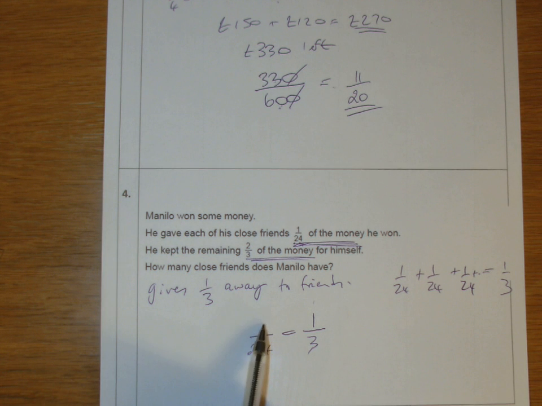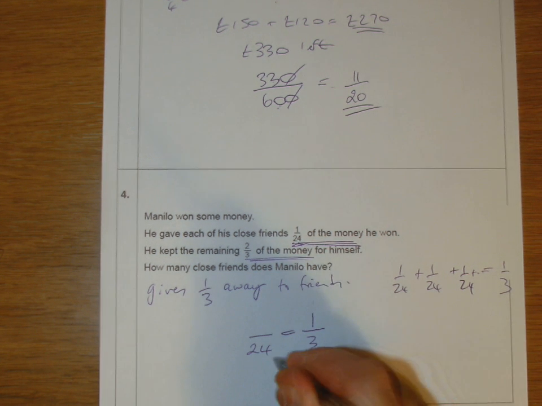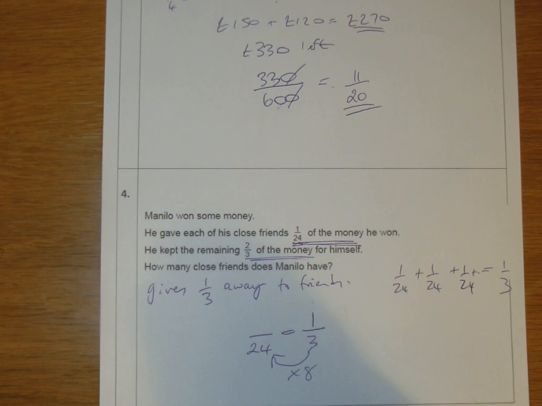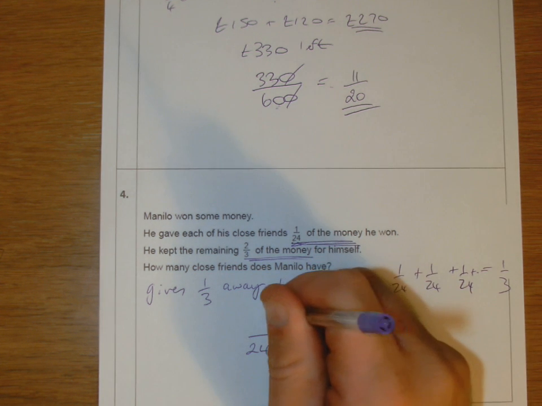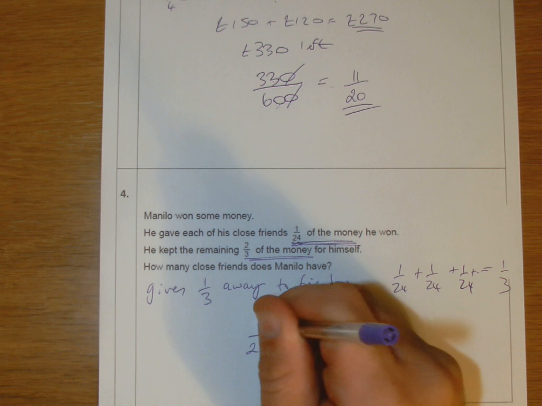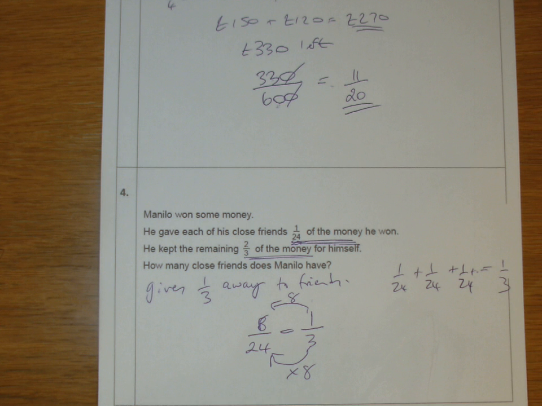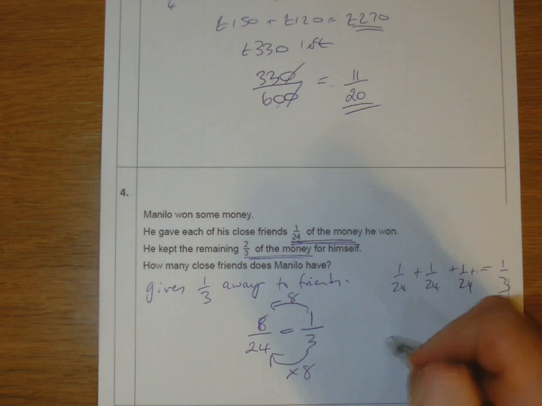So how many 24ths are there? How many friends has he got? Well, if we think about it, 3 to 24, you're multiplying by 8 to get 24, yeah? So all you've got to do is times the top by 8. So in effect, there'll be 8 24ths. 8 of these will give you 1/3. So he's got 8 friends.